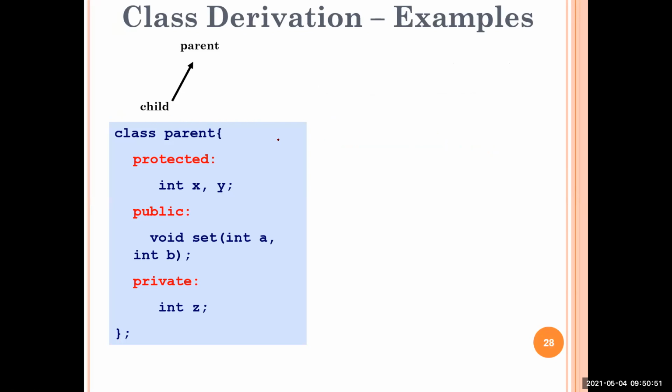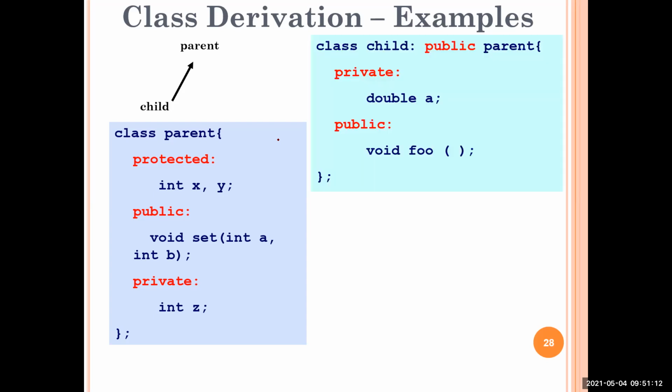Now let's test our understanding. I'll show you a program, and then maybe I'll seek your feedback. We have a parent class in which we have every possible access specifier: protected, public, and private. We have X and Y in protected, a function in public, and another data member Z, which is private. Then we make a child class.